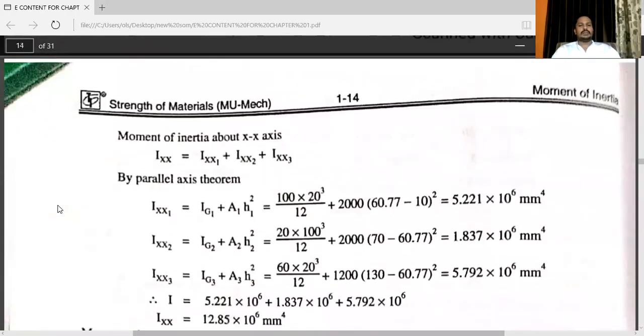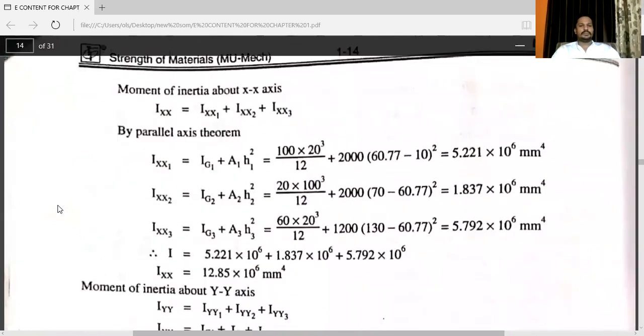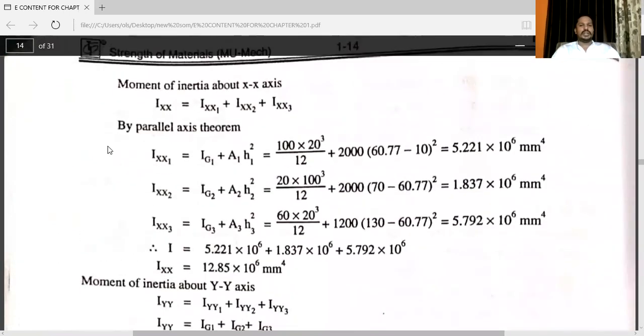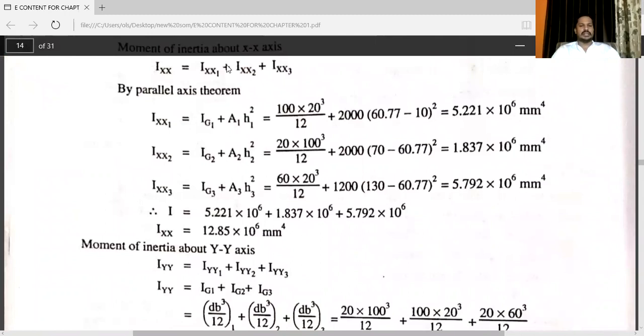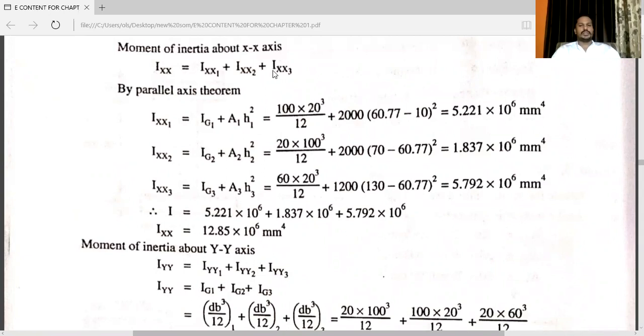Now again, the method is the same. To calculate the moment of inertia about the x-axis, the formulas are the same. Ixx is equal to Ixx1 plus Ixx2 plus Ixx3. We have to use the parallel axis theorem. So for Ixx1, it is Ig1 plus A1H1 square. For Ixx2, it is Ig2 plus A2H2 square. For Ixx3, it is Ig3 plus A3H3 square.